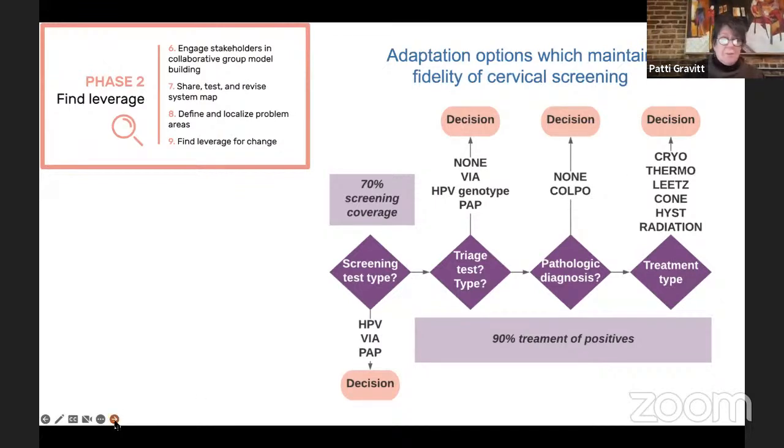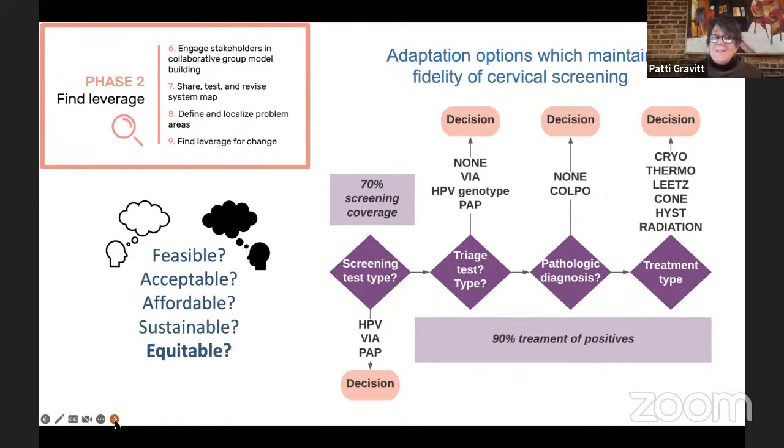For time, I'm not going to be able to go through these. But what we did in the group model building process is to say, okay, you've got these four different areas of evidence from which you can draw an evidence-based decision about adapting your screening program. Which decision are you going to make? We really probed them in these discussions: would that decision be feasible?